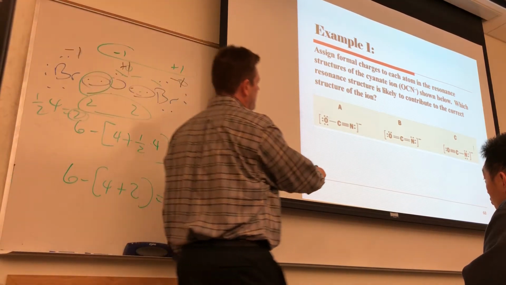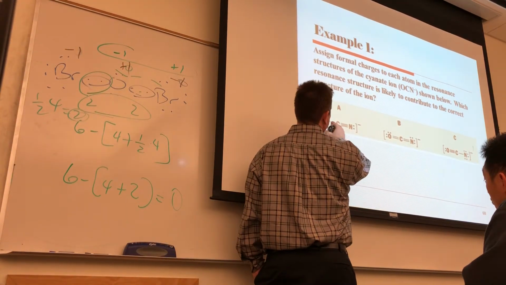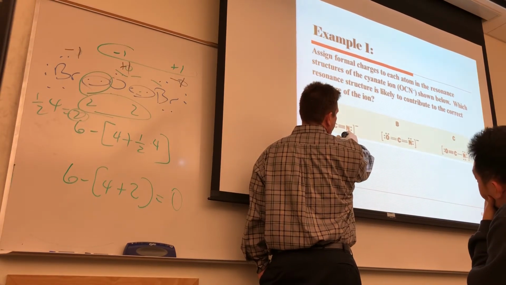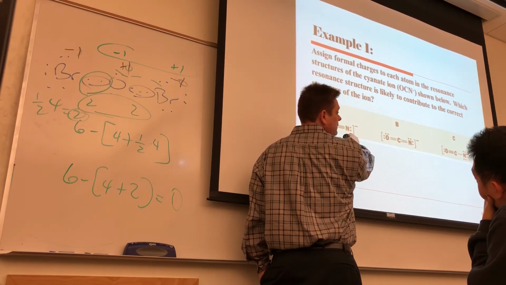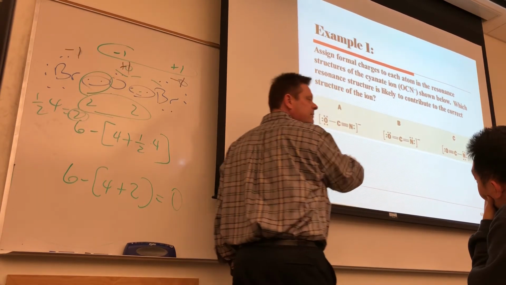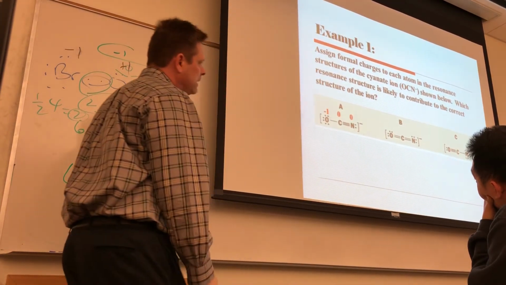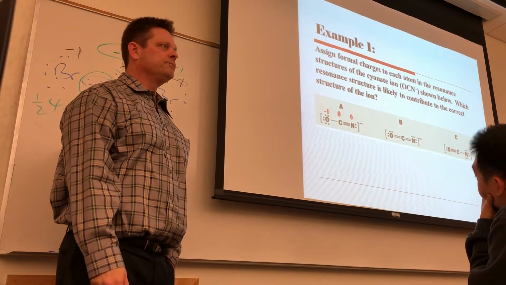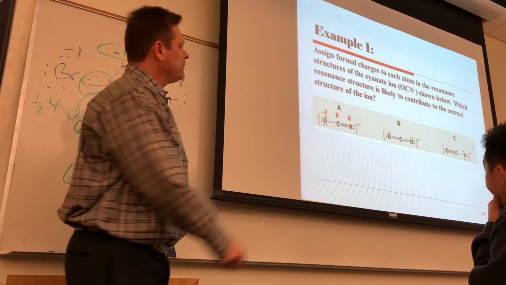Carbon is going to be 4 minus 4, which is 0. And 5 minus 5 is 0. So minus 1, 0, 0. What's the next one, B?